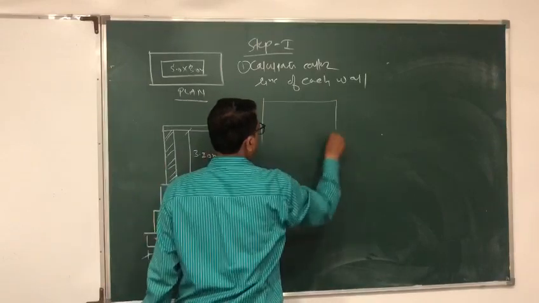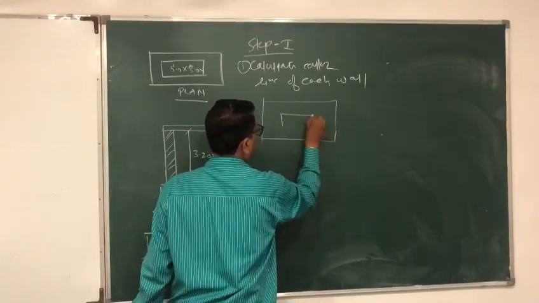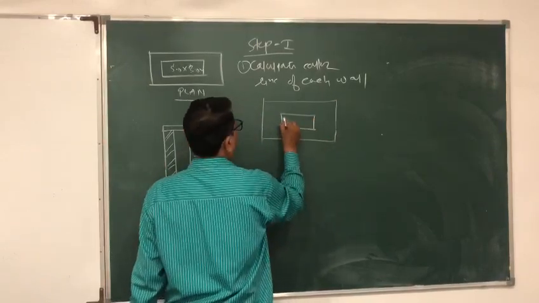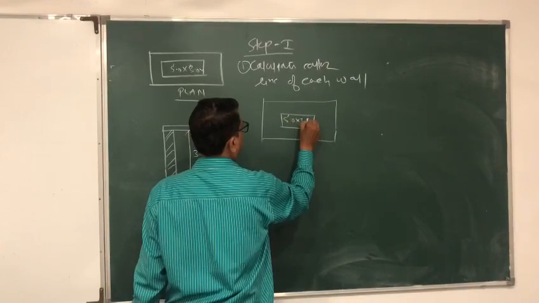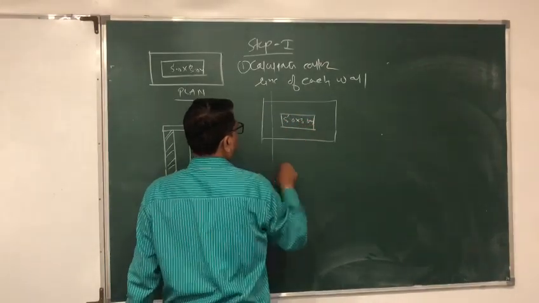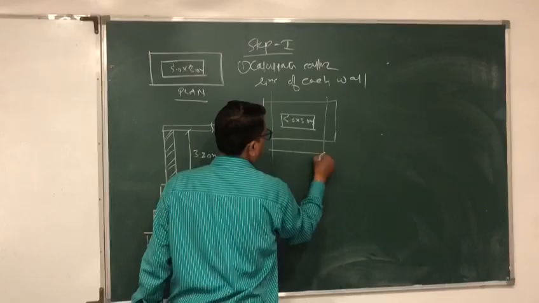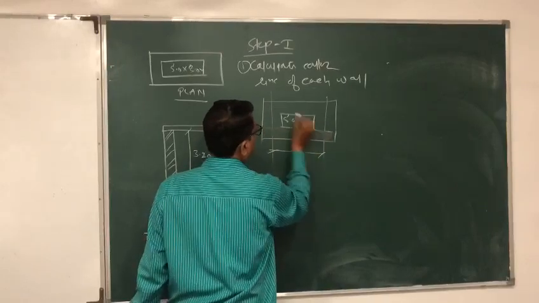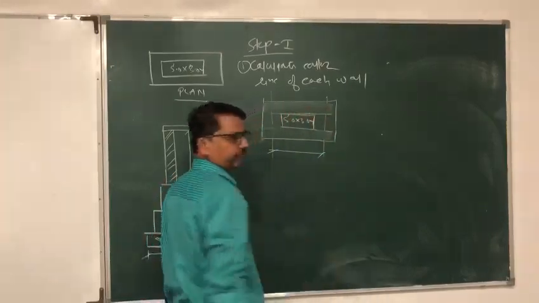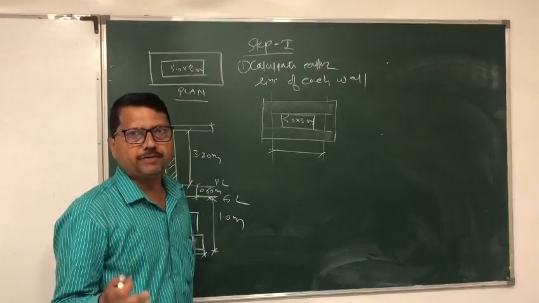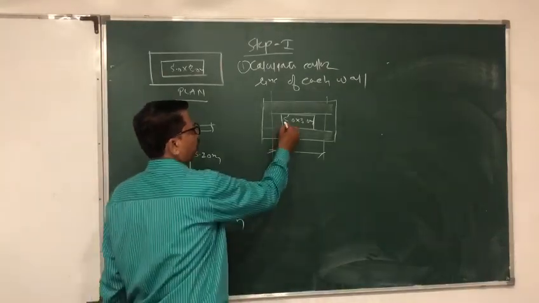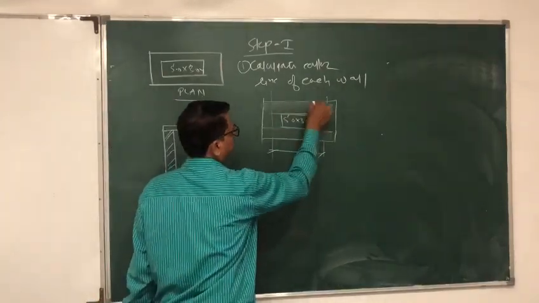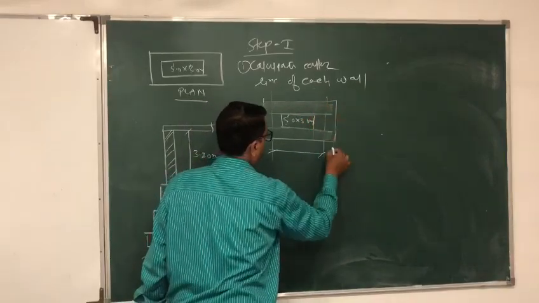So again this diagram is the plan. The room dimension is 5 by 3 meter. For the center line, there is no fixed rule which is long wall and which is short wall. The longer dimension is known as the long wall and the shorter dimension is the short wall.